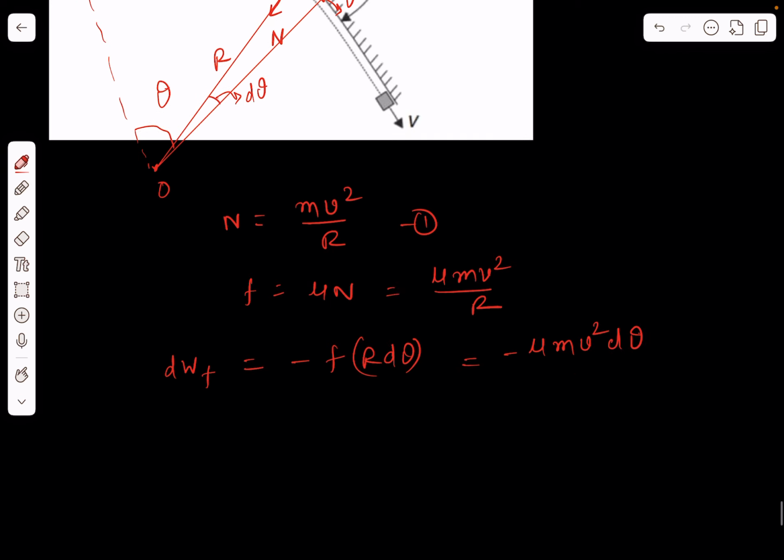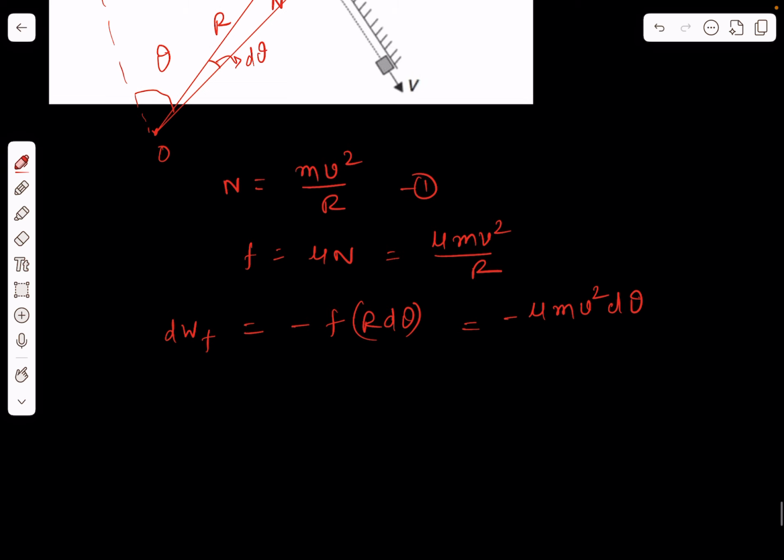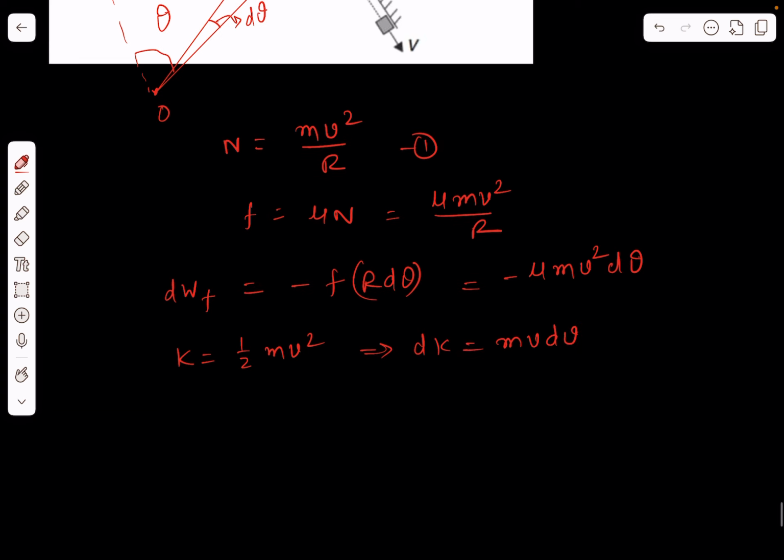Now from the work energy theorem we know that the small work done will be the change in small kinetic energy. The kinetic energy is half mv squared, and so the small change in kinetic energy dK will be given by mv into dv. So change in kinetic energy mv dv will be equal to the work done, and the total work done here is only the work done by the friction.